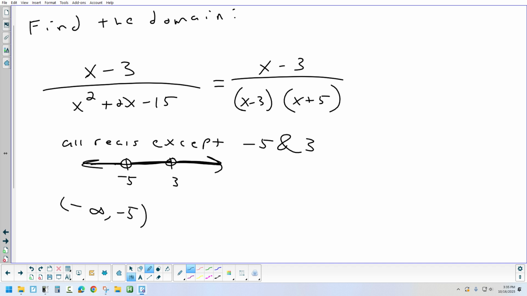That's the unbounded interval to the left, everything under negative 5. Alexis, can you describe the interval in the middle? Negative 5, 3. And what kind of symbols? Parenthesis, parenthesis. Right, because we can't include negative 5 and we can't include 3. So that's the bounded interval in the middle. And then, how about the unbounded interval on the right? How do we describe that one?